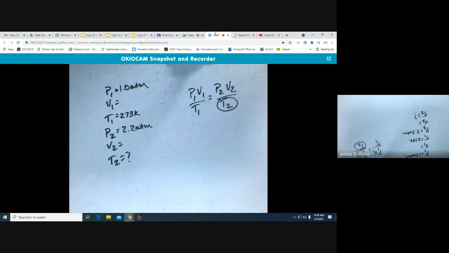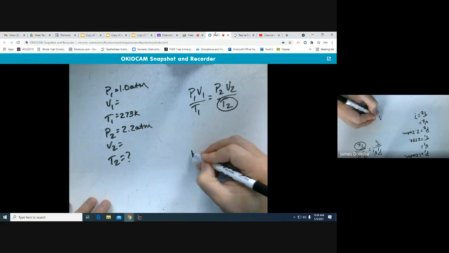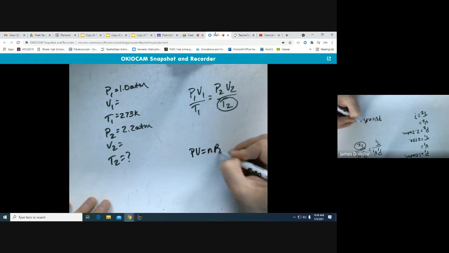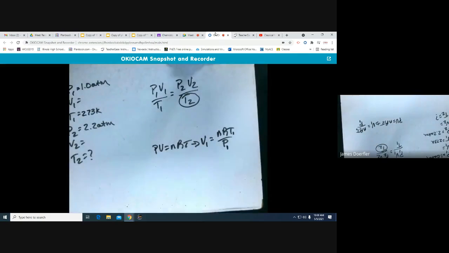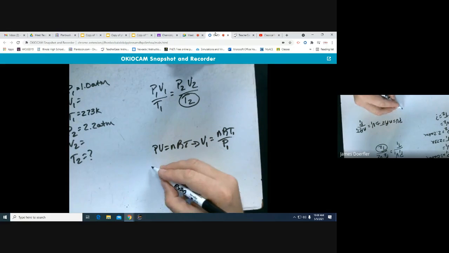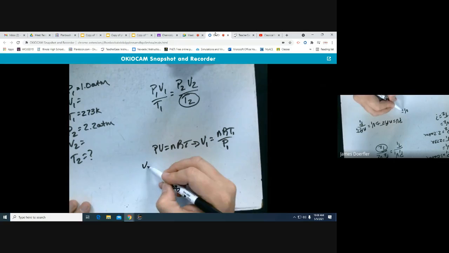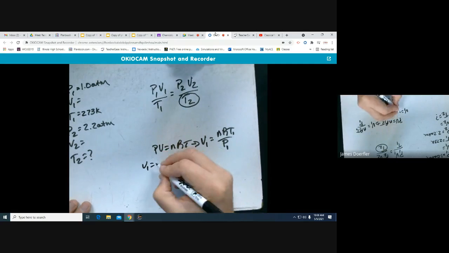So in order to find the initial volume, we need to take PV = nRT and solve for V1. So V1 is equal to nRT over P. Again, that's going to be T1 and P1 that we use. So go ahead, and you can follow along with me if you want to.